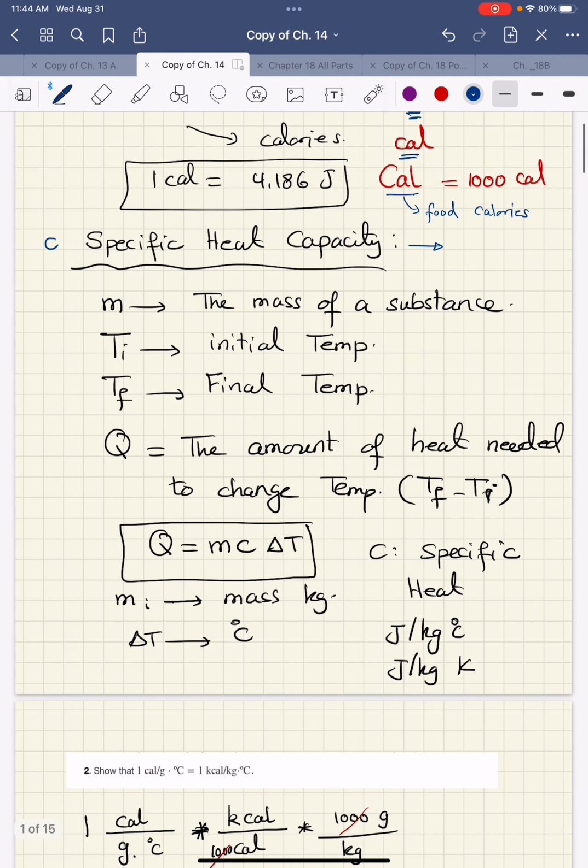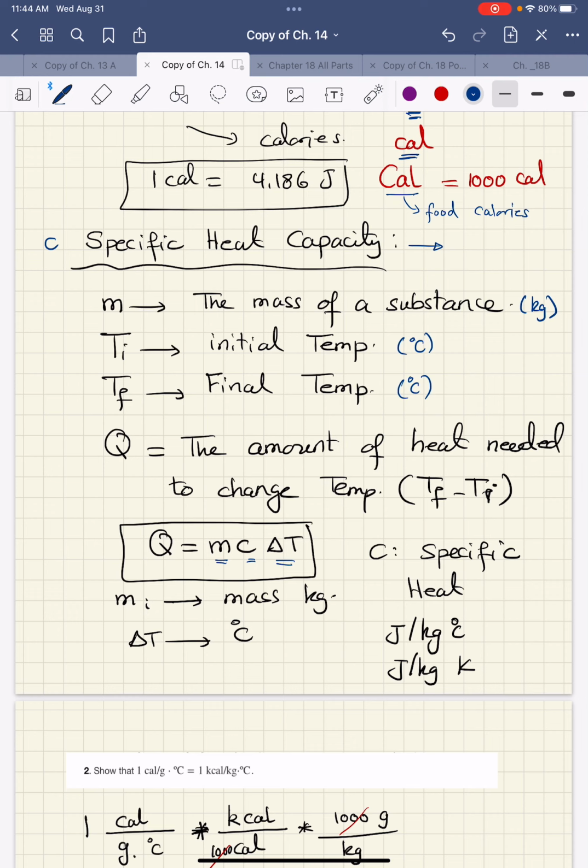For the quantity of heat we use Q equals m times c times delta T. M here is the mass of the substance, and I always like to use the standard unit, the kilogram. Temperature you can keep in Celsius because it's a difference, so it will cancel if you convert.